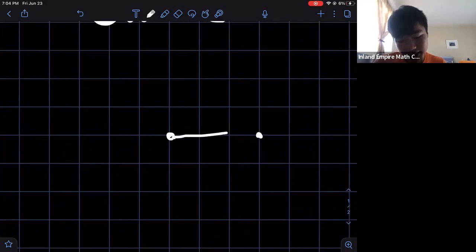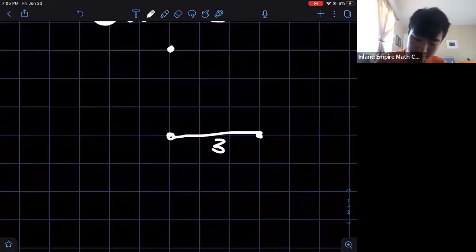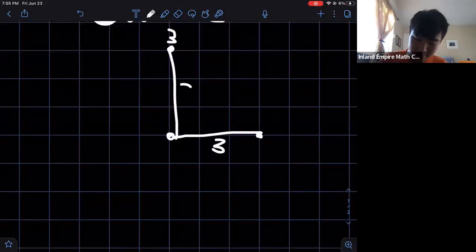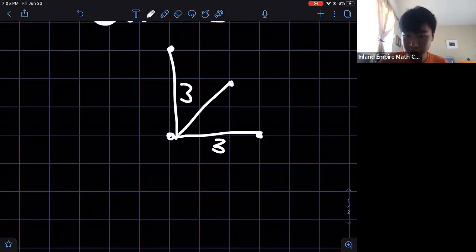This length is going to be 3. However, we can also say that this length is 3. But basically, there's an infinite number of points that are 3 units away from any center point.